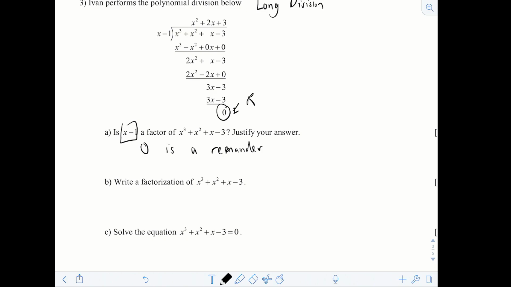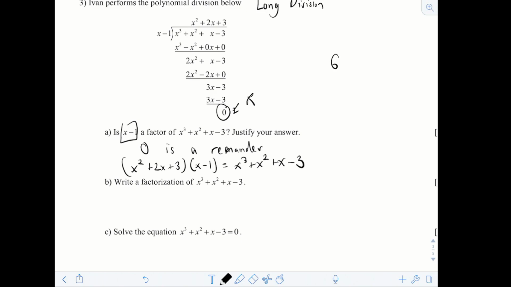You can also say that you can set up the value as x squared plus 2x plus 3 times x minus 1, and that's going to end up giving us x to the third plus x squared plus x minus 3, which is, in a sense, the opposite of division, right? Those values can be multiplied together to give you x to the third plus x squared plus x minus 3.